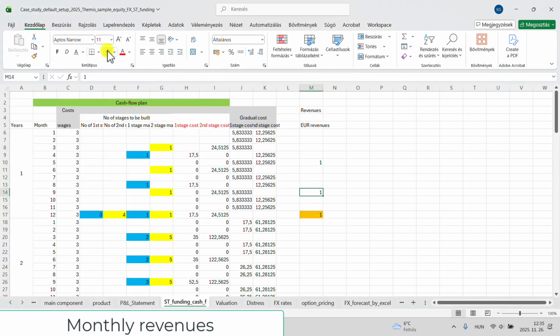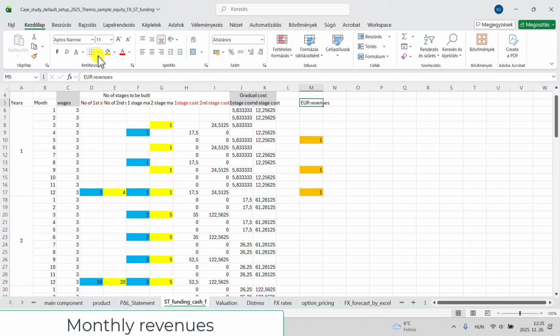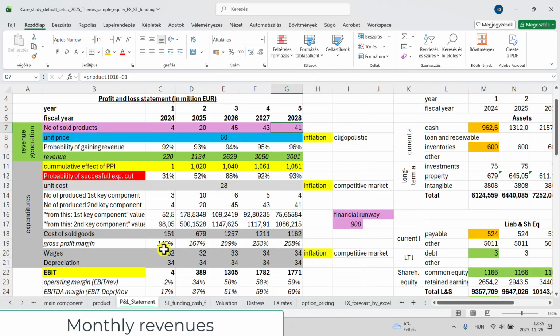So this is the yellow part. Okay, so 2 launches will happen here, because otherwise we don't get the 4.